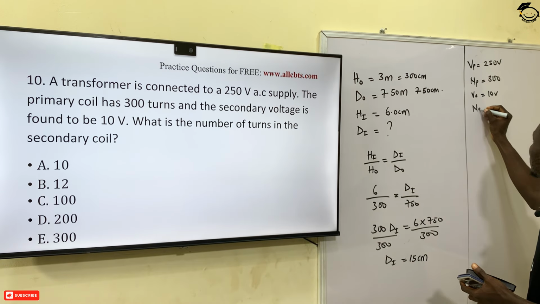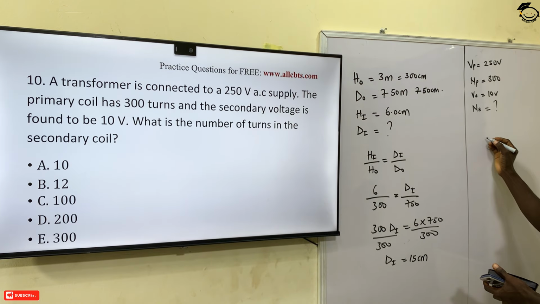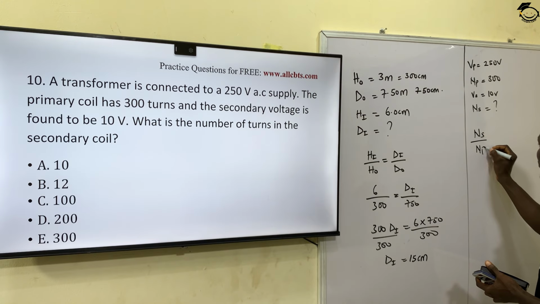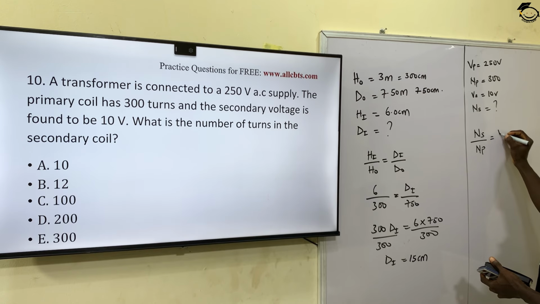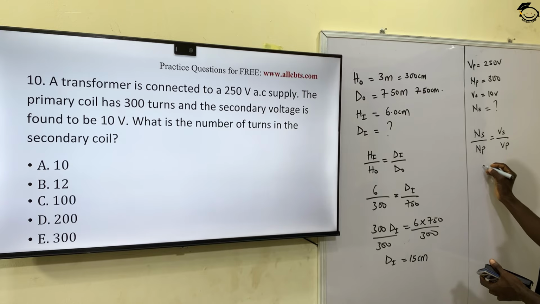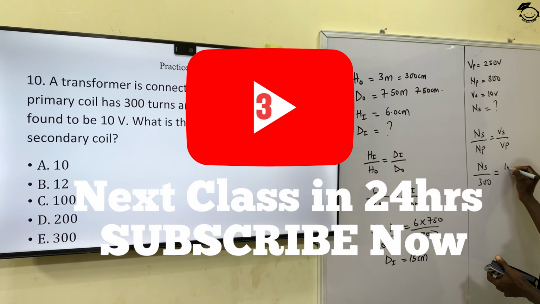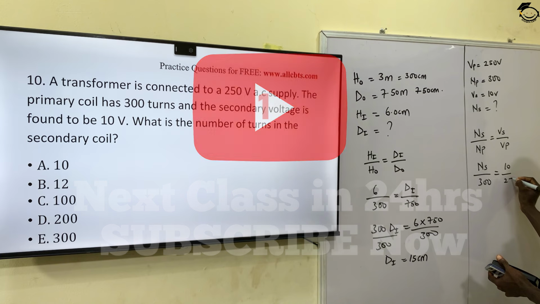So the number of turns in the secondary we do not know, but we know that the number of turns in the secondary over the number of turns in the primary is equal to the voltage of the secondary over the voltage of the primary. So this is the same thing as saying I have the number of turns in the secondary over 300 is equal to 10 over 250.